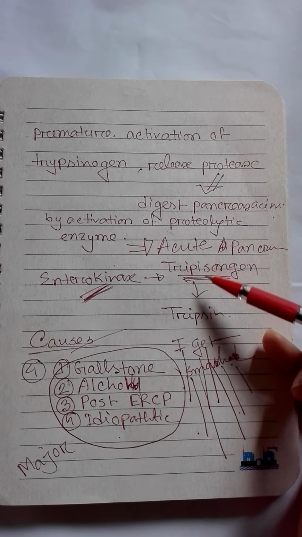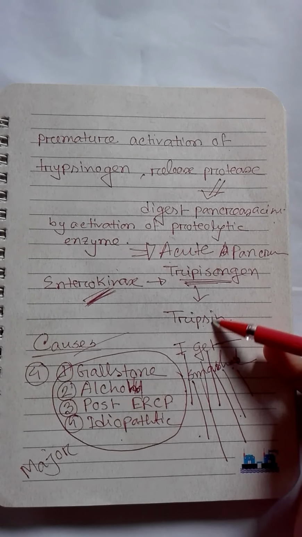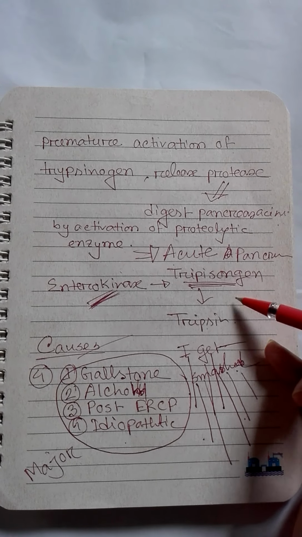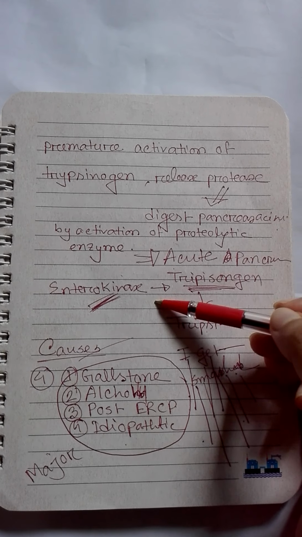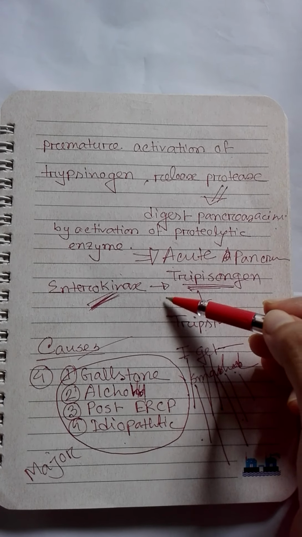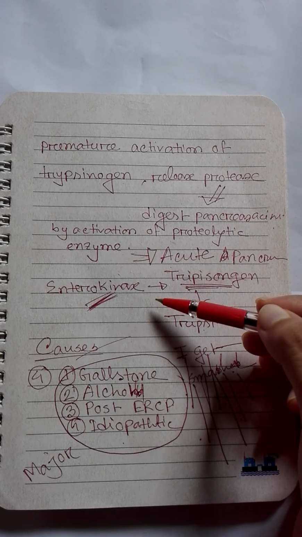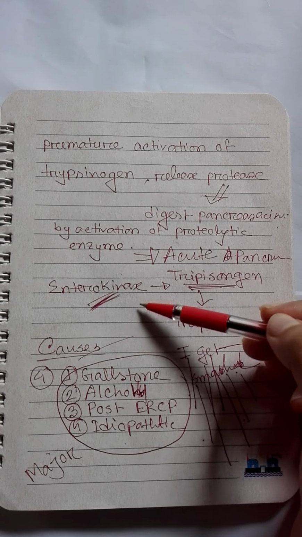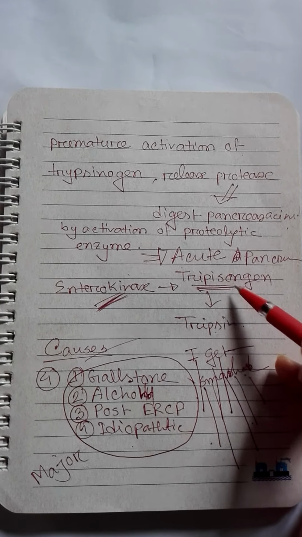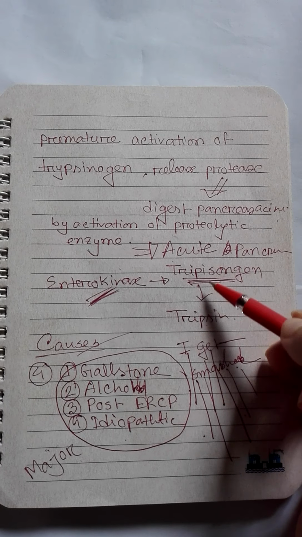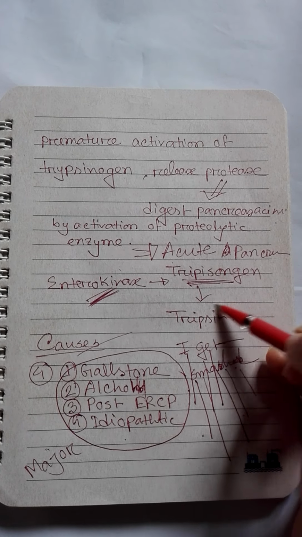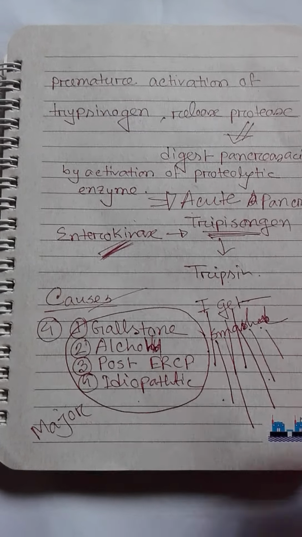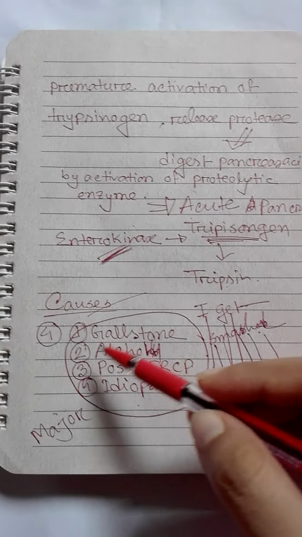Enterokinase converts trypsinogen to trypsin, but when there is any sphincter obstruction, like a gallstone in the ampulla of Vater, then enterokinase, which is secreted from the duodenum, cannot convert trypsinogen to trypsin. That trypsinogen causes autodigestion. Now these are the major causes of acute pancreatitis.